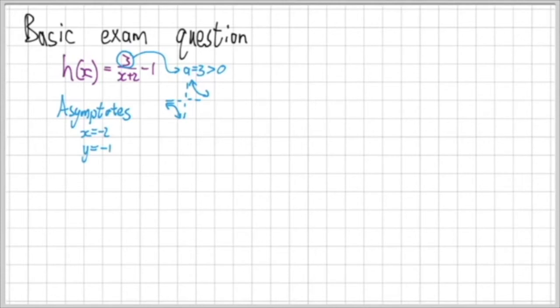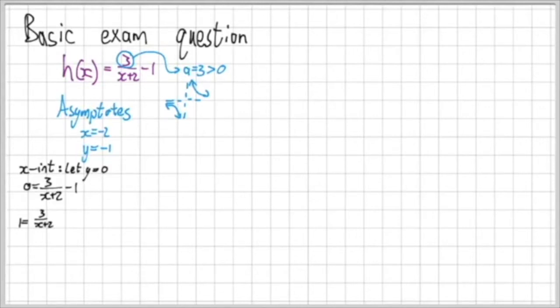I do have to determine the x and y-intercepts, so let's dive into the difficult one, the x-intercept, where I let y be equal to 0. So if I let y be equal to 0, I'm sitting with that equation. Now I need to first isolate my fraction. To isolate my fraction, I take the -1 and it becomes +1 on the other side.